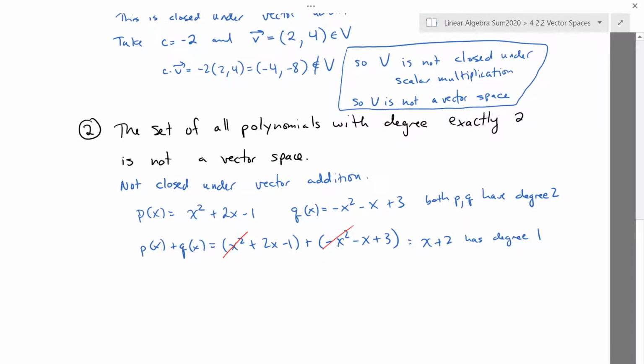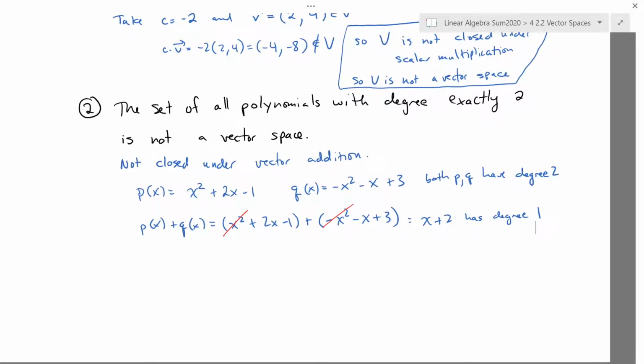So the result of the sum doesn't have degree 2, so it doesn't satisfy this condition, right, so that means it's not closed under vector addition. So this isn't a vector space.